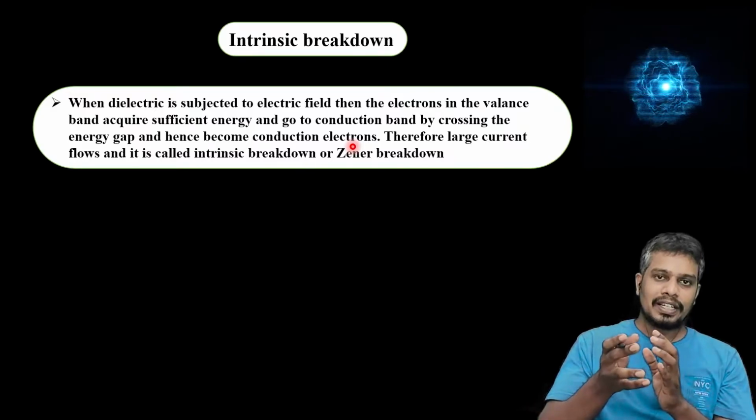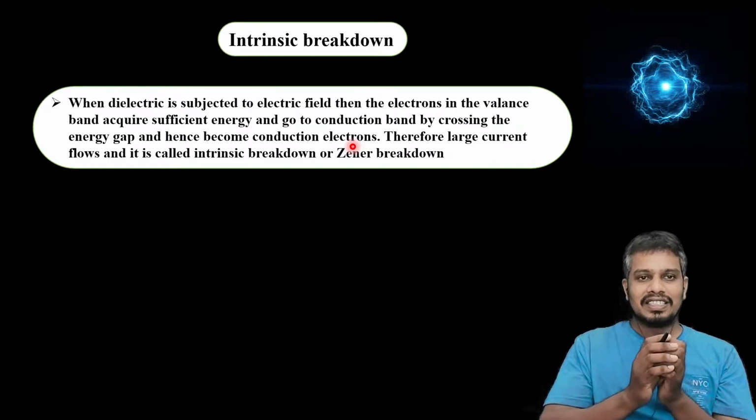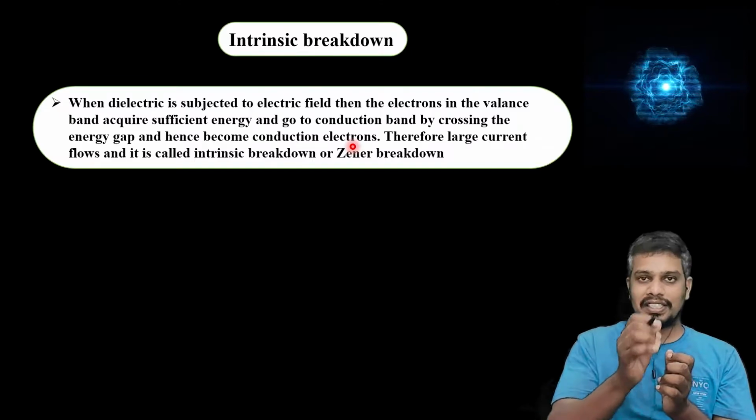They turn out to be conduction electrons, so they will conduct the current. This is called in general the intrinsic breakdown or Zener breakdown.